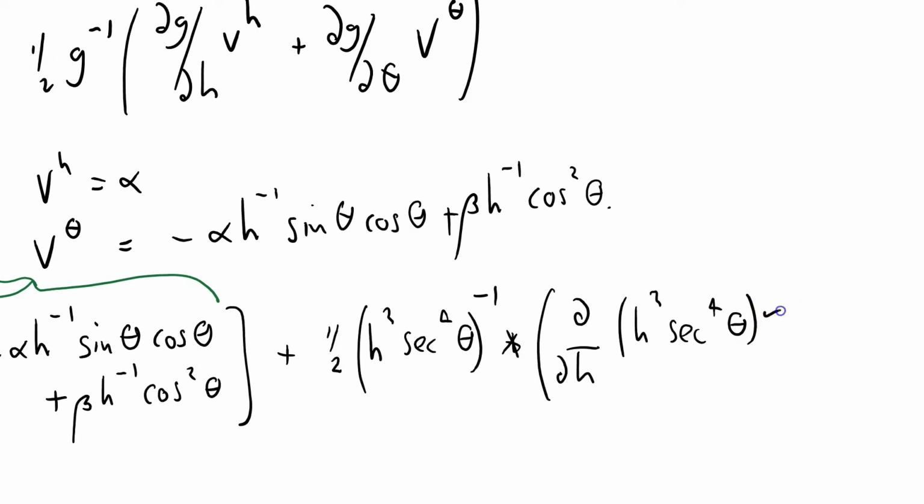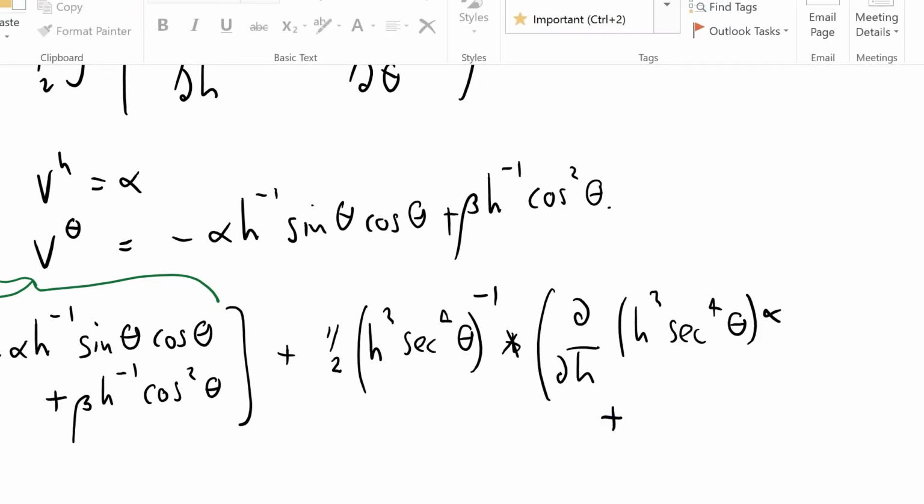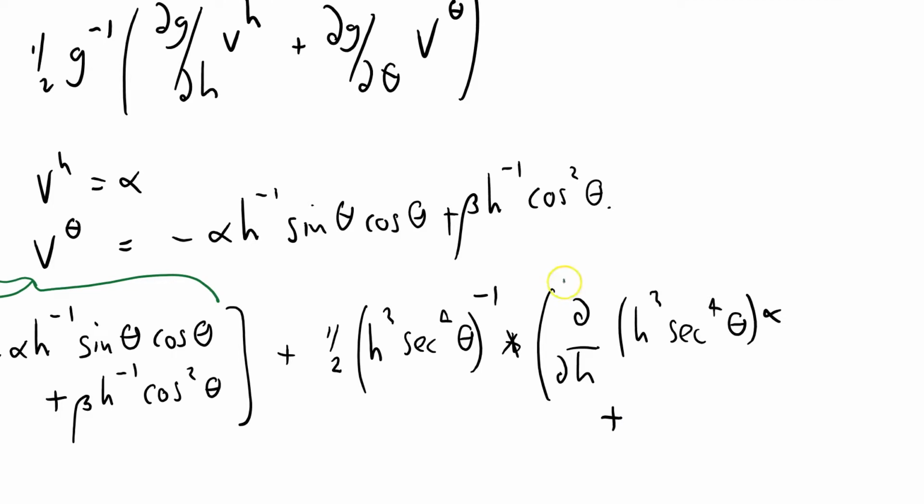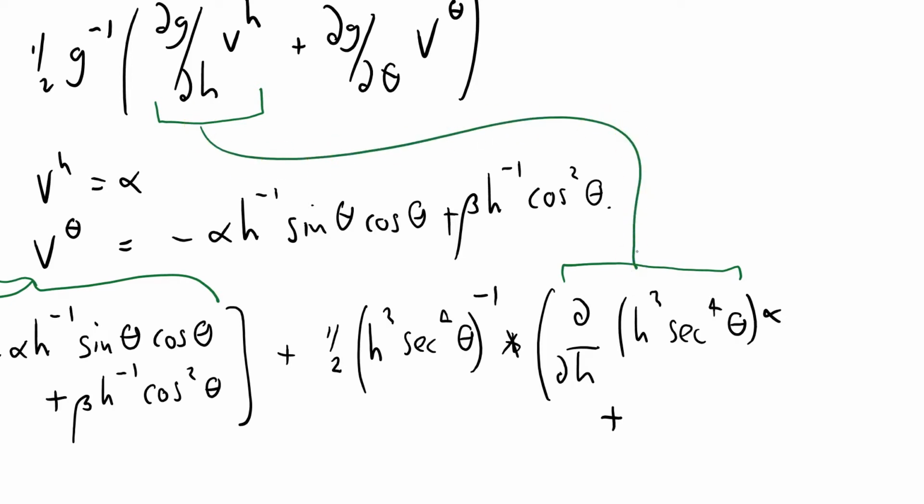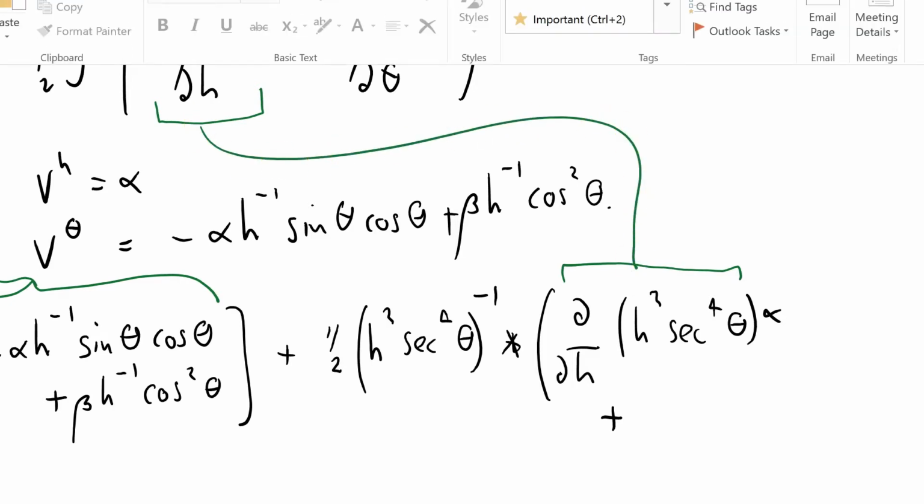What was V^h? α. Plus, that's that term. Maybe I should draw it in green anyway, maybe with a dotted line. Green. This term here is that term there. There we go. Back to black.